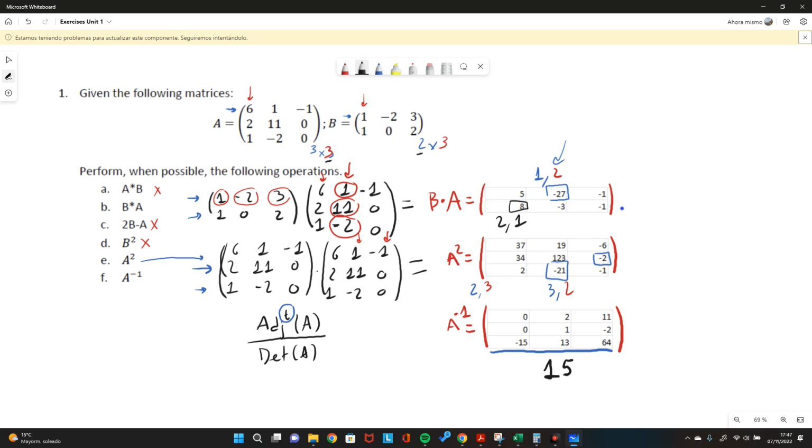If we start getting that, the determinant of A is 6 times 11 times 0, nothing. 1 times 0 times 1, nothing. 2 times minus 2 times minus 1 is 2 positive. Minus, and then minus 1 times 11 times 1, that's minus 11. And here is 0 minus 2, 6, and 1, yeah, sorry, 1 minus 1, that is true.